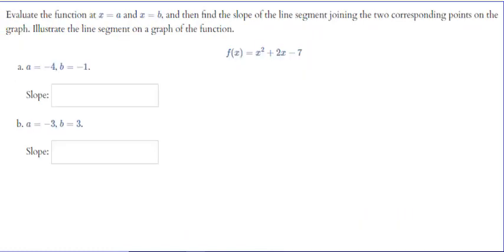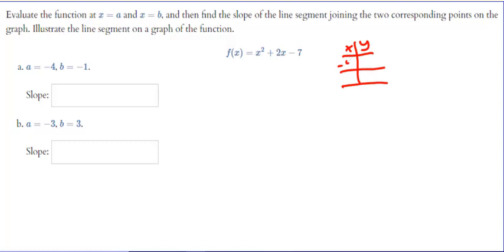All right. So let's look at this one. They're going to give you a quadratic, no big deal. But I'm going to show you how to do this on the calculator. What they're wanting us to do is to evaluate these x's.